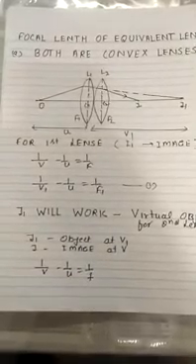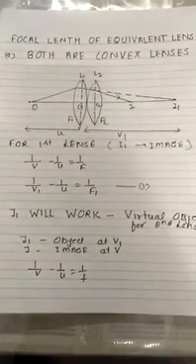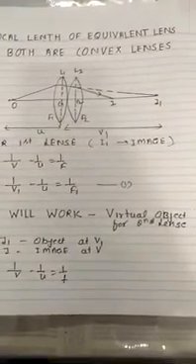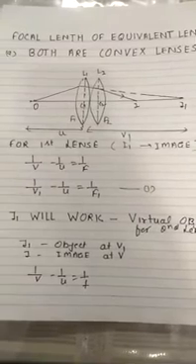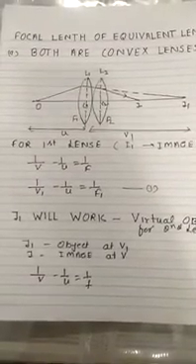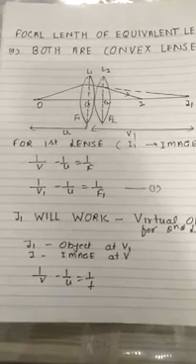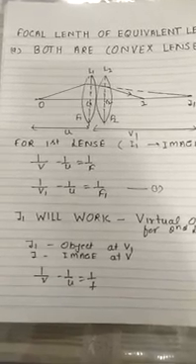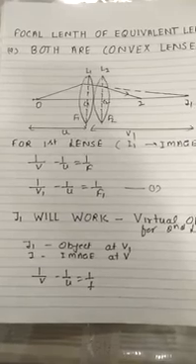I am here again with the topic: the focal length of equivalent lens. Equivalent lens means when two lenses are kept in contact with each other, so both lenses combined will work like a single lens.